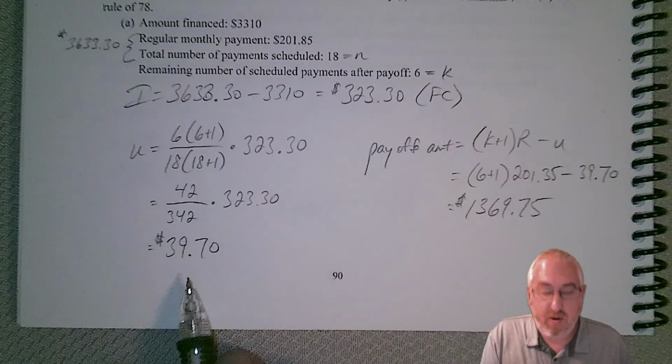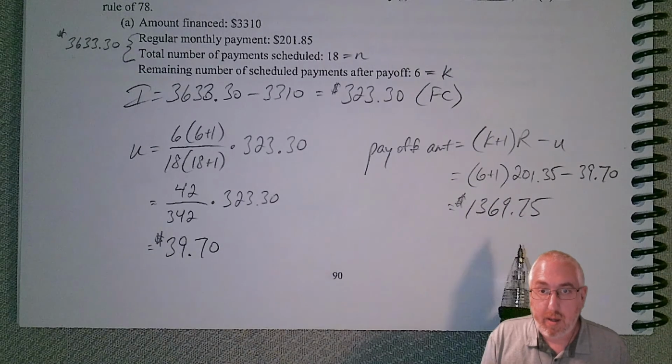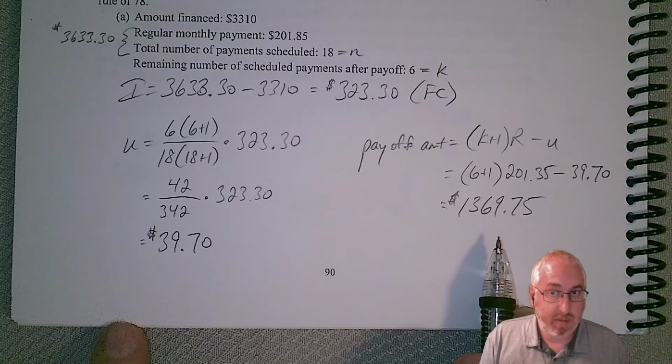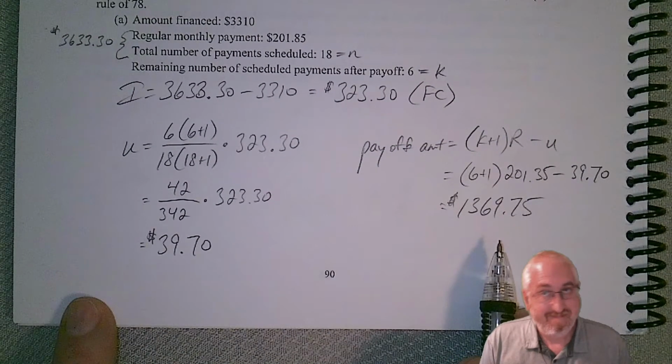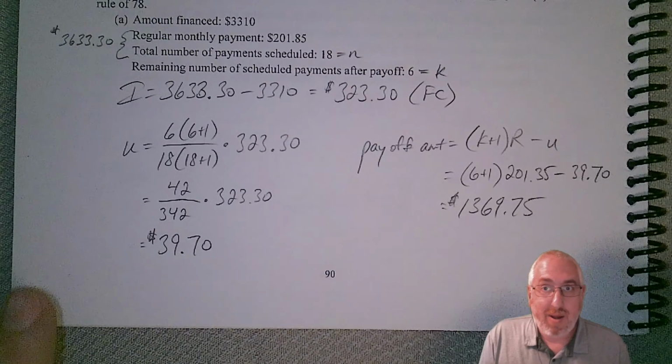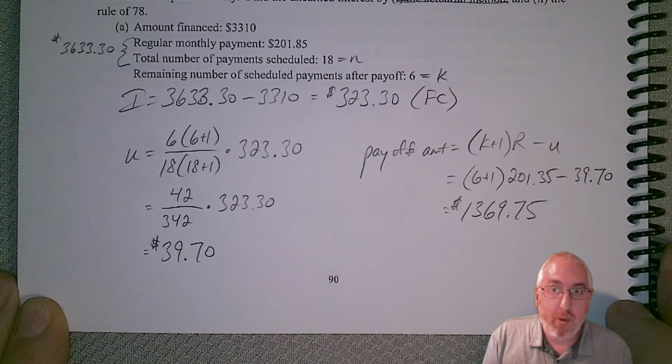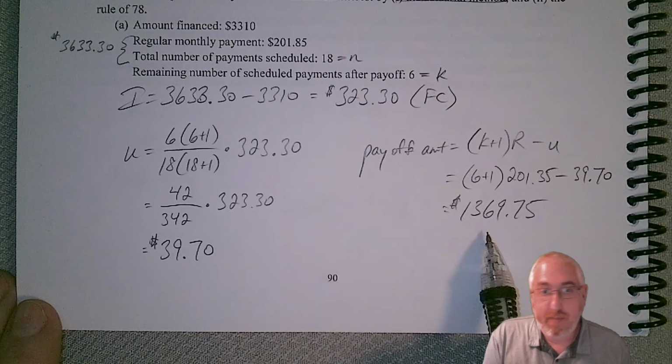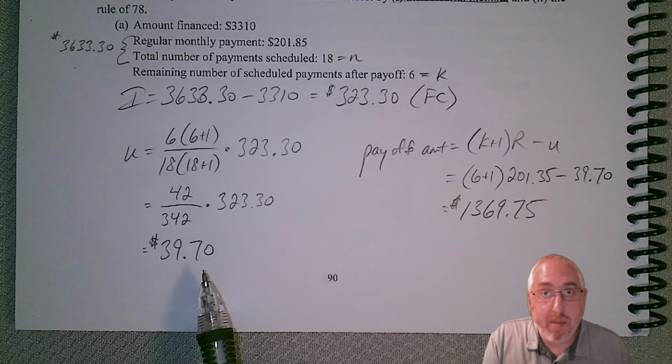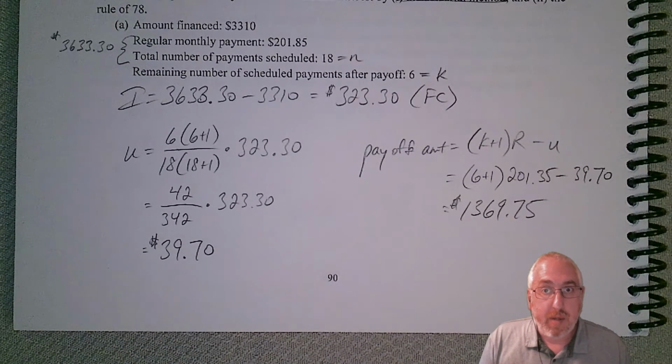So in order to save yourself 40 bucks, you got to pay about 1,370 bucks. You got to weigh that out. If you got money burning a hole in your pocket and you can afford to do it, I would do it. Again, you're going to save a little bit of money, so it's not a bad idea in some cases.